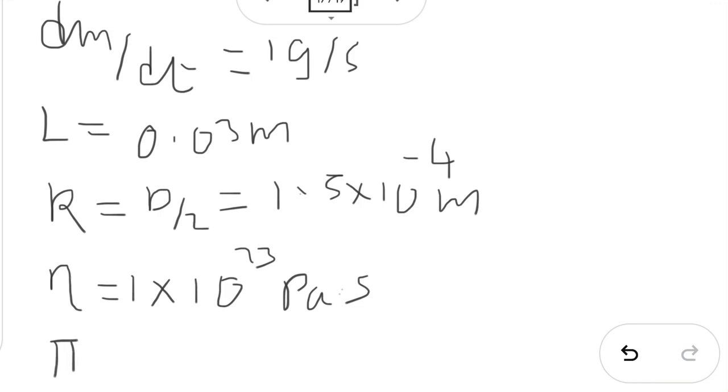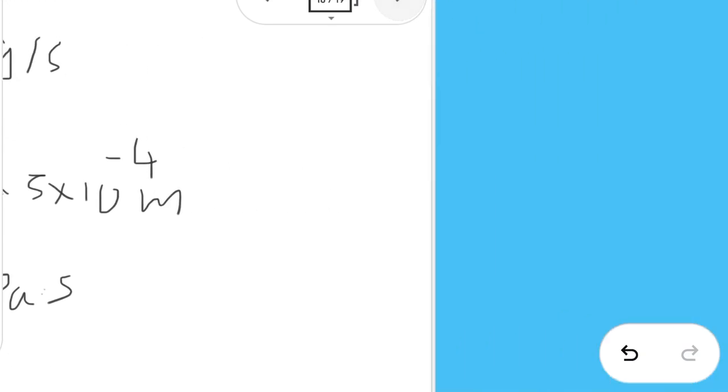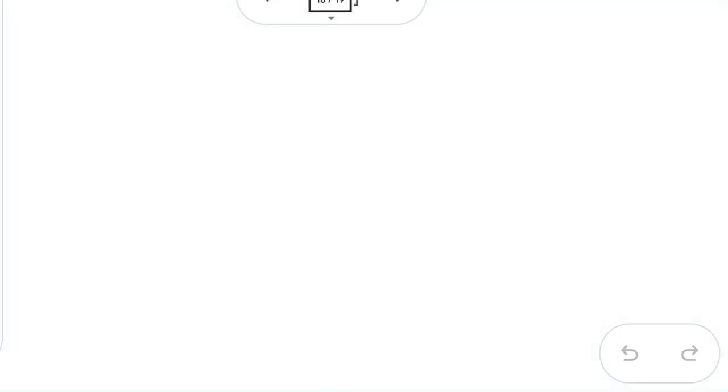Then we also have the value for pi, which we already know, about 3.14. Now that we have the data, the only step that we require now is to convert this from grams per second to cubic meters per second. So let's go ahead and do that.